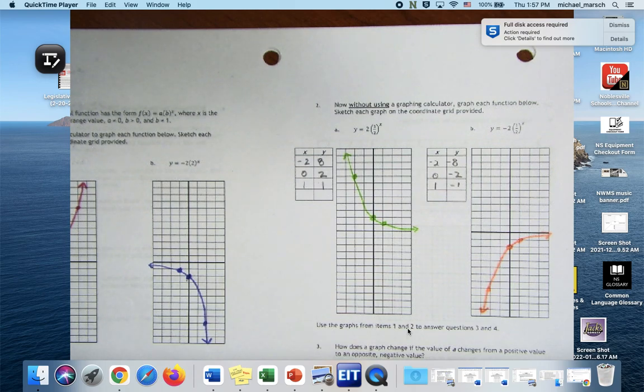Okay, so let's answer some questions now about these. How do you guys feel about using the graphing calculator? Because you're going to have to use it on the quiz next week. Are you feeling like you know how to put the information in? You know what to select? Yeah? Okay.